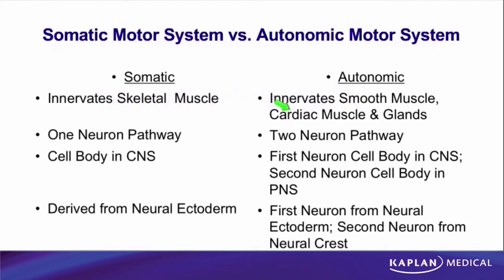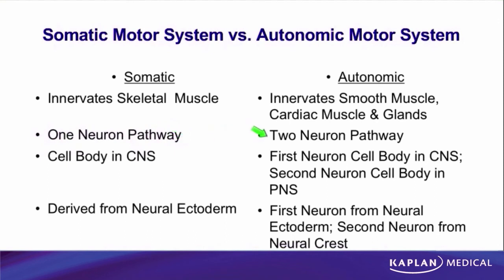Now, there is also a difference in the pathway that these motor neurons take to get to their end organs. The somatic nervous system has what we call a one-neuron pathway, meaning that from the CNS, whether it be brain or spinal cord, to that skeletal muscle, it's one neuron that goes the entire distance, no matter how far that skeletal muscle cell is from the CNS.